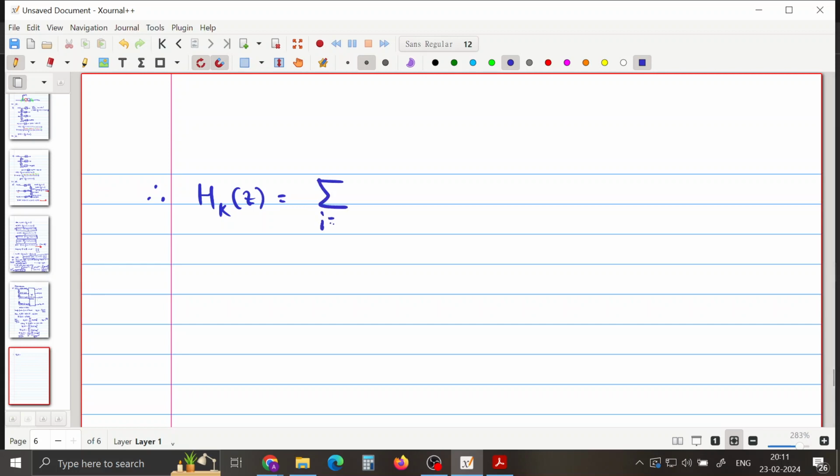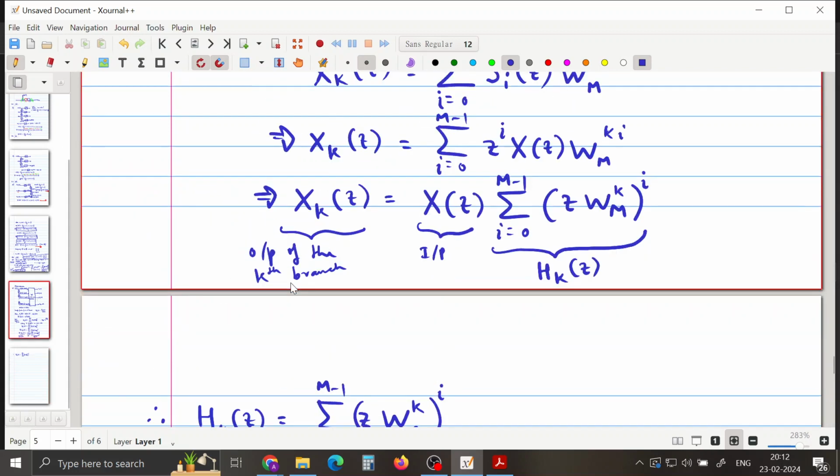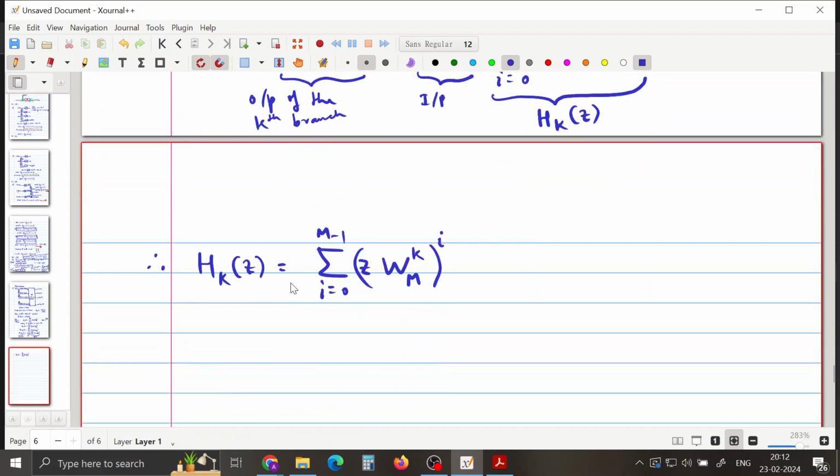So we just found that Hk of z is nothing but summation I running from 0 to m minus 1 of this thing. I've just written the same thing here. Now on the other side, let me do a demarcation like this. If I put k equals 0 in Hk of z, what do I get? H naught of z.